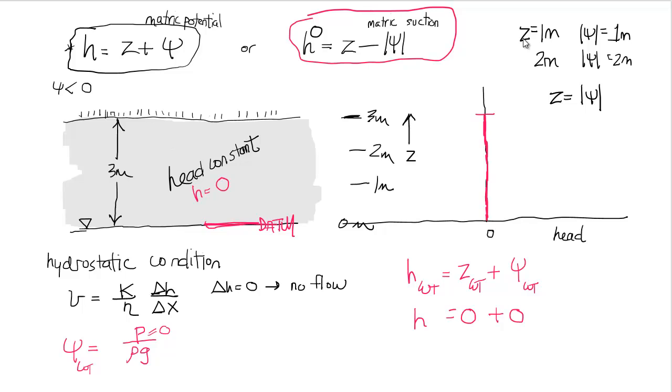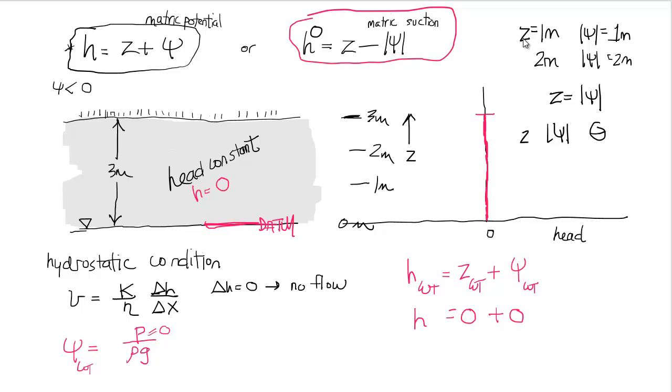Do we have a relationship between Z and moisture? That's what we want: a relationship between Z, which is the elevation above the water table in our unsaturated zone, and the moisture content. Well, that's kind of hard to get at, but we have something really, really close. We have a relationship between psi and the moisture content. And since psi is equal to Z, that's the same thing. That's exactly what we want.